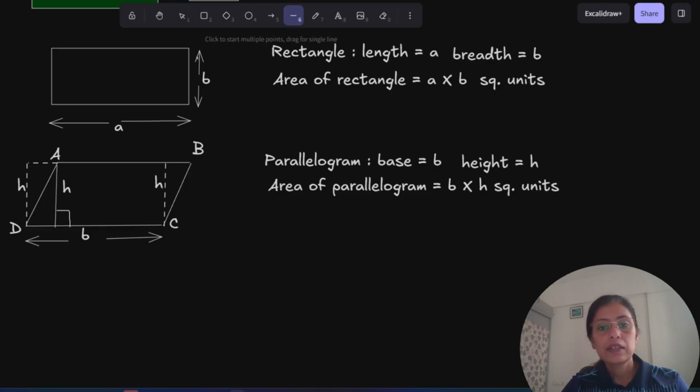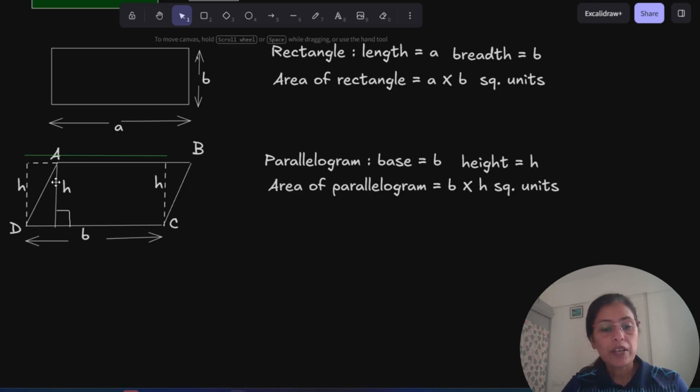And this line, if we take from here to here, this is B, right? So this B and H are forming the length and width of a rectangle.